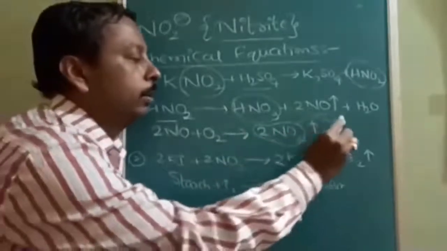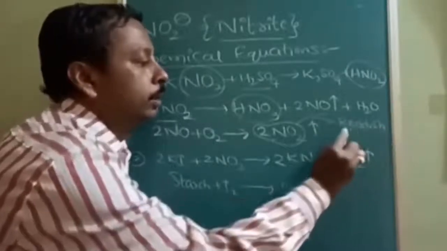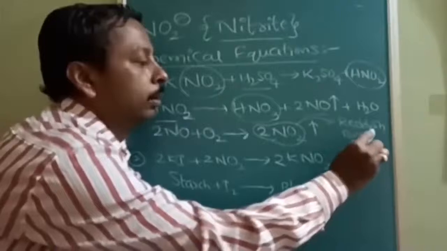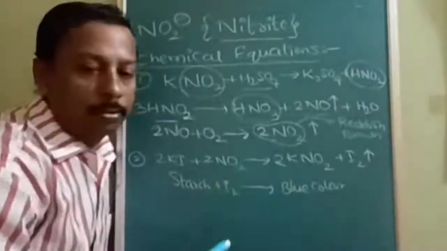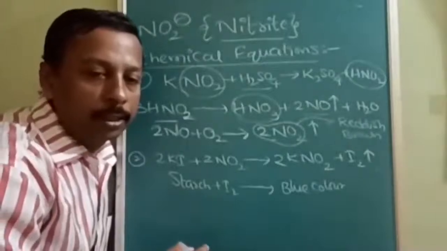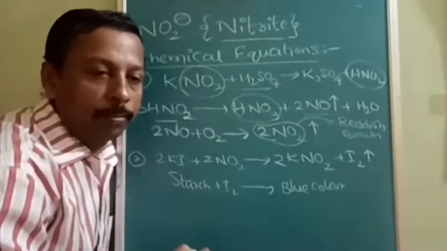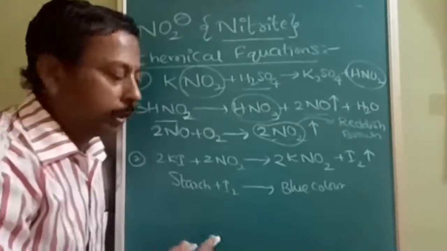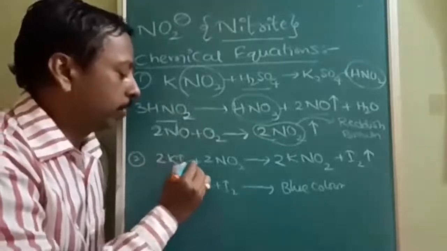The NO2 is reddish brown. So the reddish brown color whatever we observed is NO2 gas. And NO2 is reddish brown due to the presence of an unpaired electron.